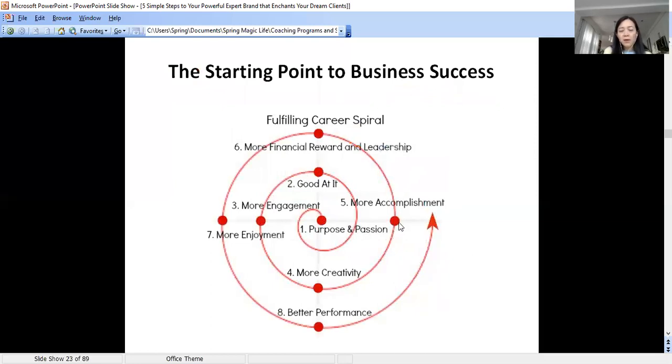You get excited because every day you're doing what you really love and are good at, and then you get more accomplishments, receive more financial rewards and leadership, and at the same time you get more enjoyment from your work, and that even contributes to better performance. You see, this is an upward, fulfilling career spiral. It will keep expanding without limitation. That is the healthy and successful business spiral. We all want to start from our core.